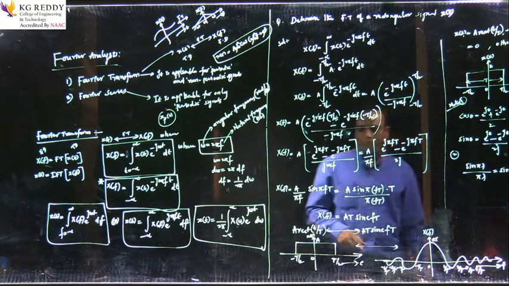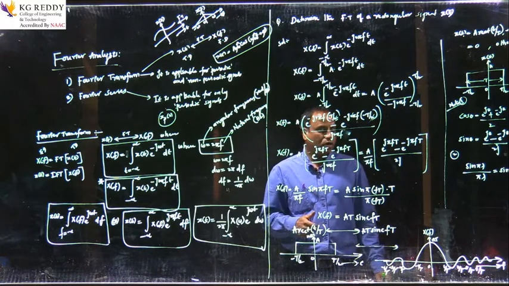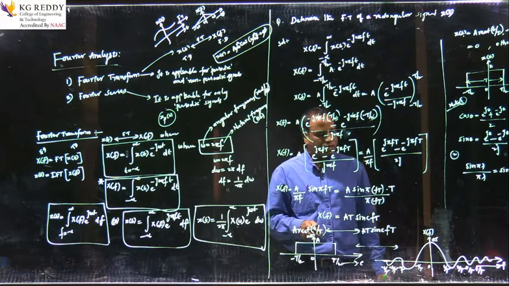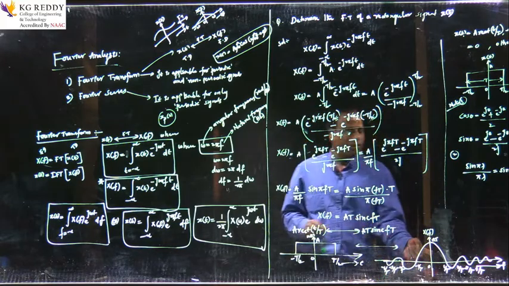This is the way a Fourier transform for a rectangular signal can be determined, and this also will be considered as the spectrum, the sinc function.